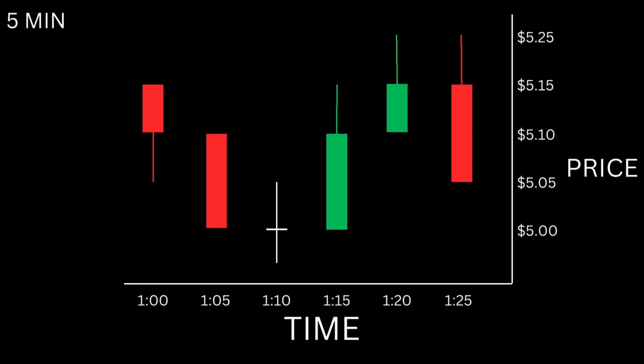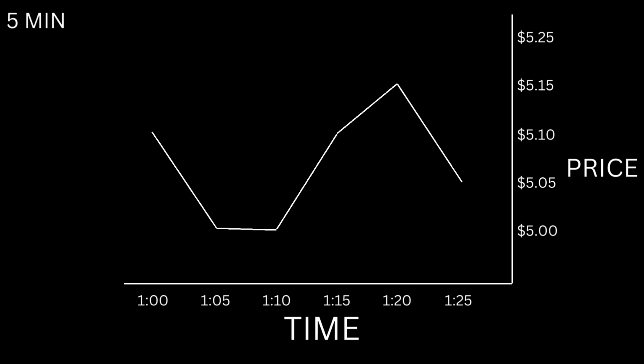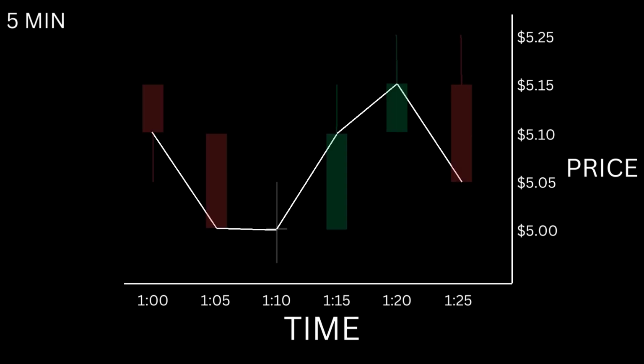Now I'm going to show you a comparison of this exact time frame scenario, but detailed on a line chart. Line charts only detail the closing price of a stock at the end of the indicated time period, and while a viewer could still see the general movement of a stock over the time period, the lack of detail is obvious and doesn't convey the full story. If you were using a line chart, you would not have known that price increased during the first time period.